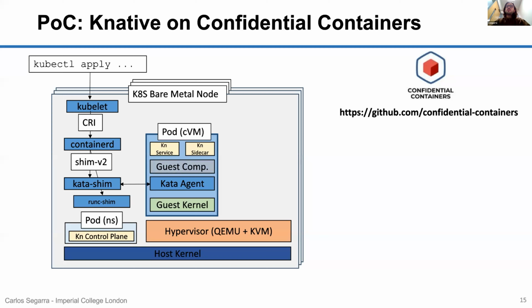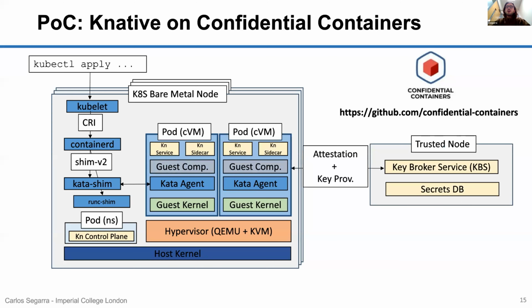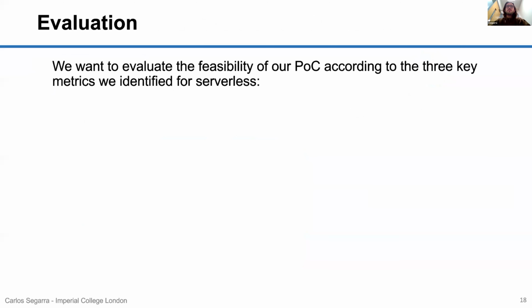These are virtual machines whose memory pages are always encrypted whilst in DRAM and are only decrypted when entering the CPU chip. We also use an external third-party node to provide keys and attestation mechanisms.